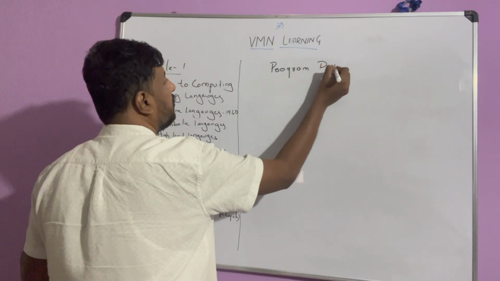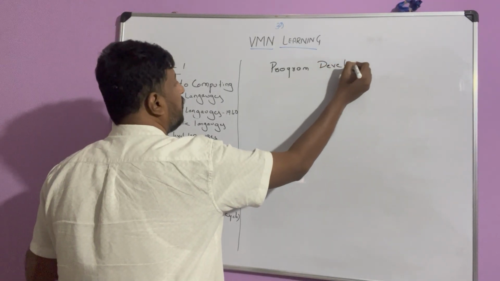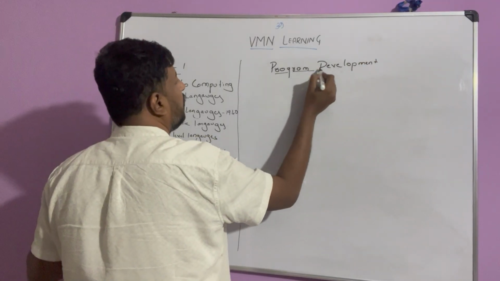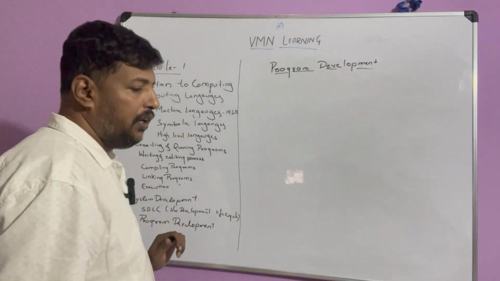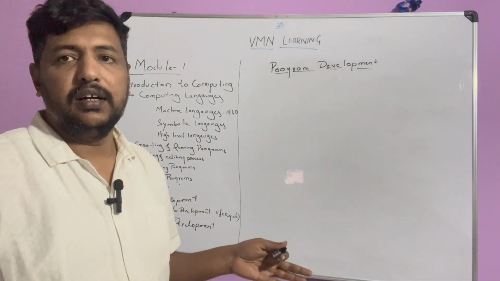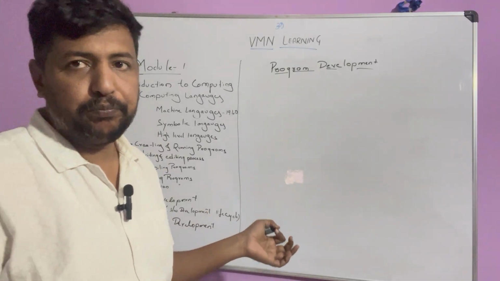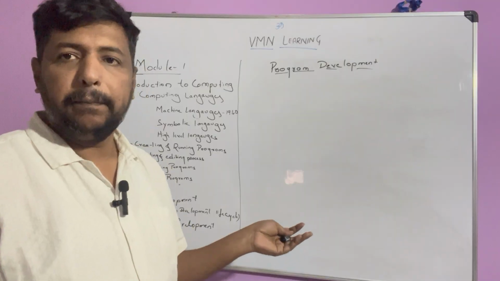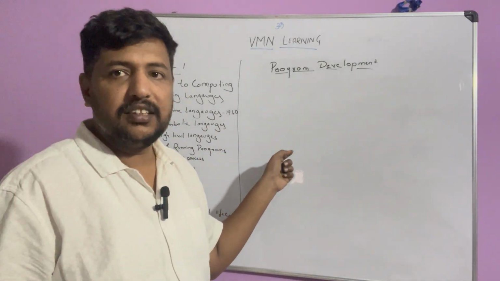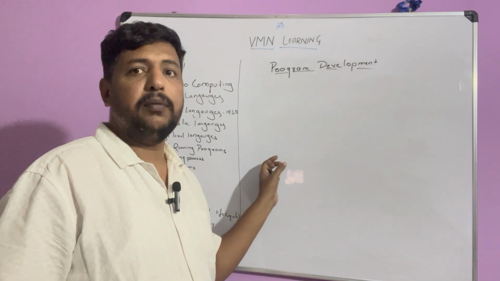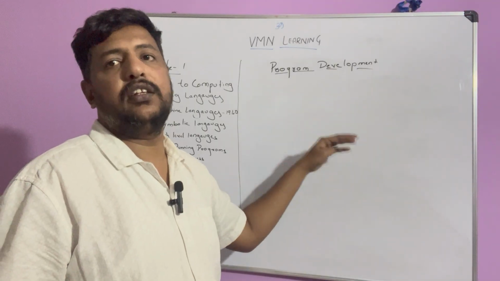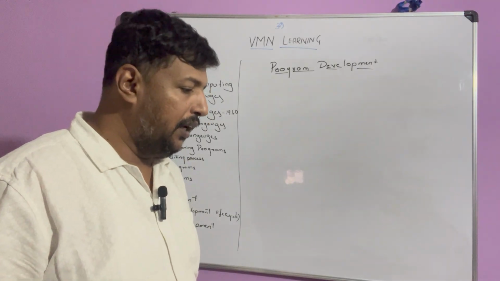Okay. Program development is nothing but a step-by-step guide to developing a program. We saw both other models; these are models to develop the program. Here we are going to talk in more detail about those models.